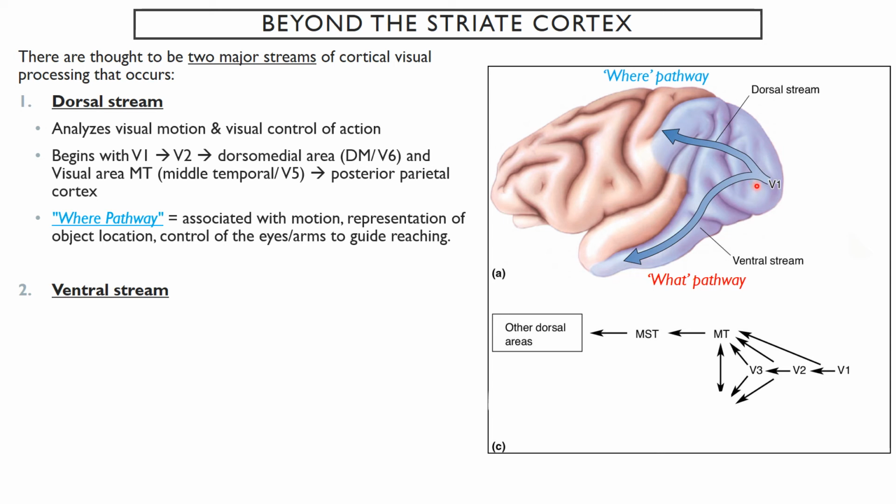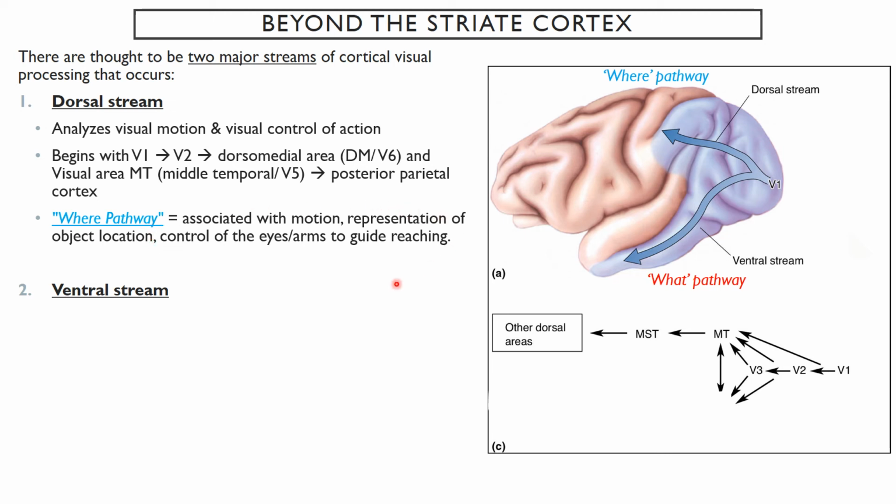In the dorsal stream, we have V1 connected to V2, goes to V6 and MT, as well as other areas. These areas appear to be particularly interested in motion and visual control of action. We refer to this as the where pathway. And that's because these neurons are particularly interested in motion and where things are located in the visual field.